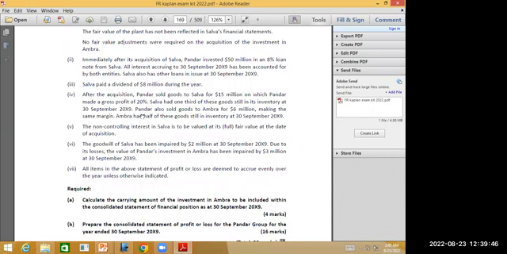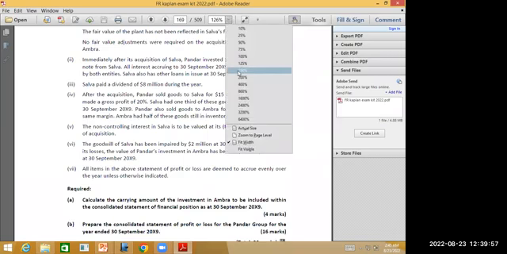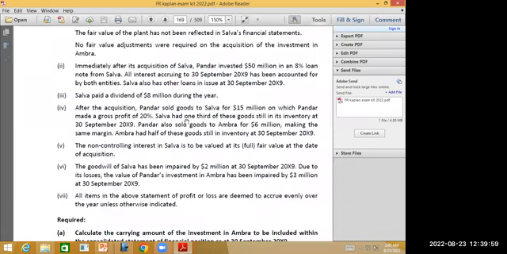Now, in note number 4, it says the parent also sold goods to the associate for 6 million, making the same margins. The associate had half of the goods still in the inventory at 30th September 2009. So I am requesting all of you to make the accounting entries. First, calculate the unrealized profit and make the relevant accounting entry in this situation.